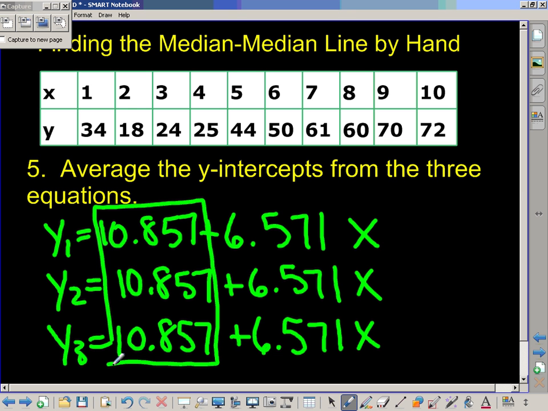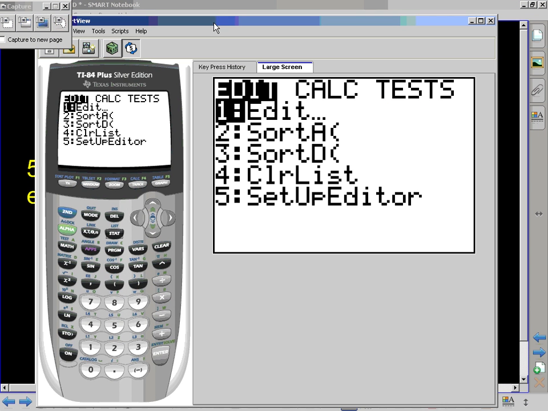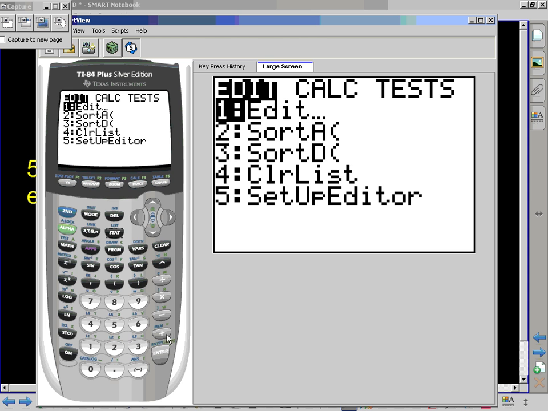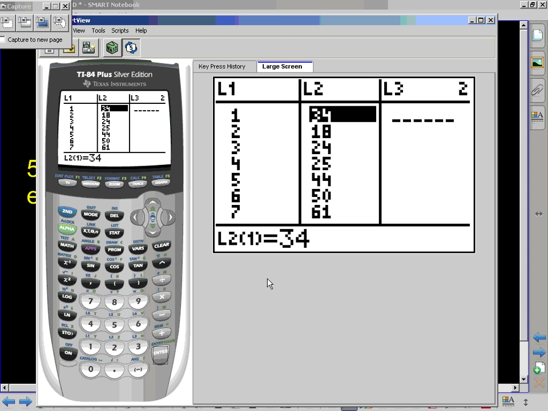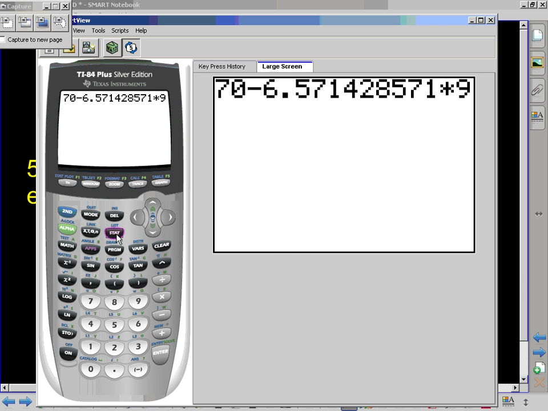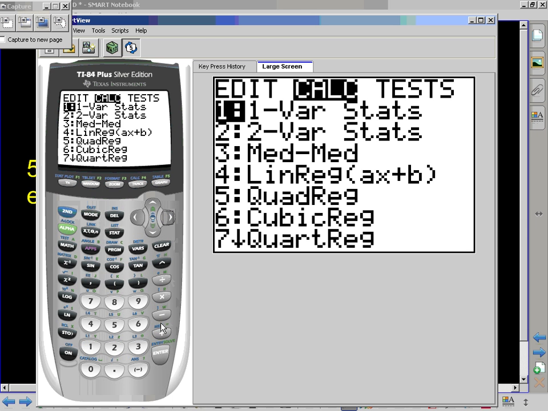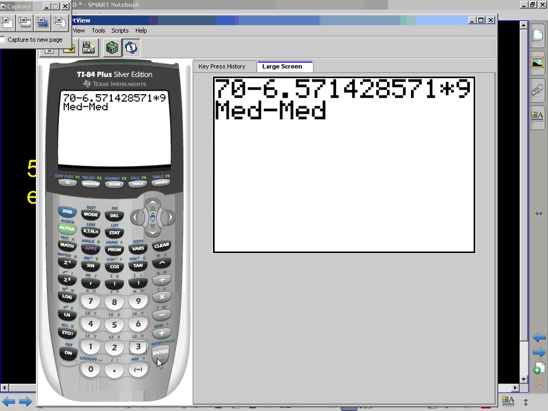All right? But what we can do now is take this equation, which is y equals 10.857 plus 6.571x, and compare it to the calculator. So let's bring our old calculator over. You can see that I already have my two lists. You can go ahead and do this now: enter list 1 and list 2 and see what you get. When you go to a blank screen, press stat, calc, median.